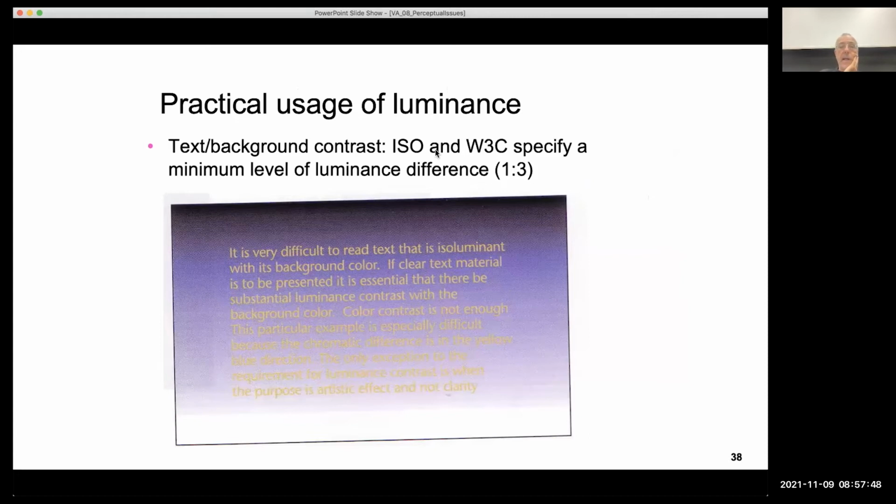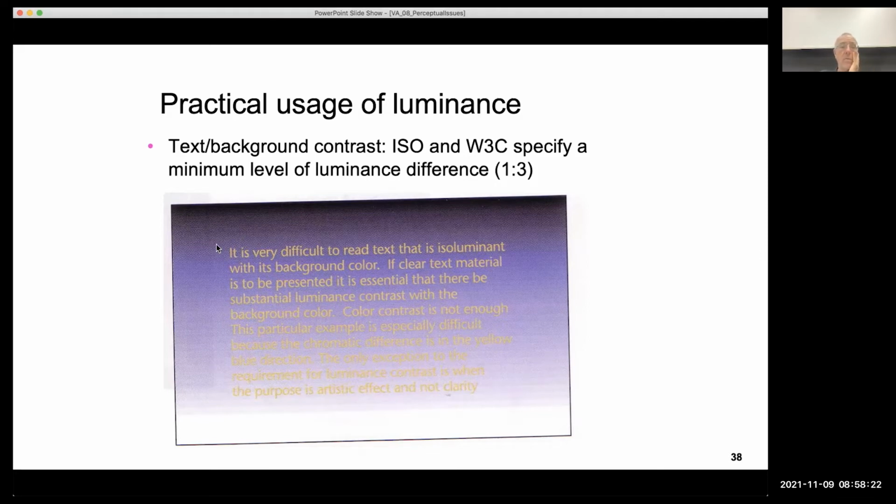And here we have another example of practical usage of luminance. There are some standards that define a minimum contrast between text and background, that should be not less than 1 to 3. And here there is an example of using two contrasting colors. Using yellow and this violet as a background produces the highest contrast.